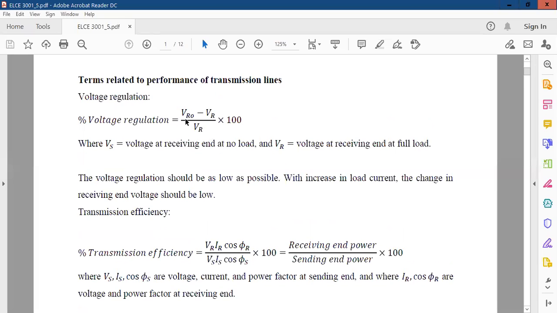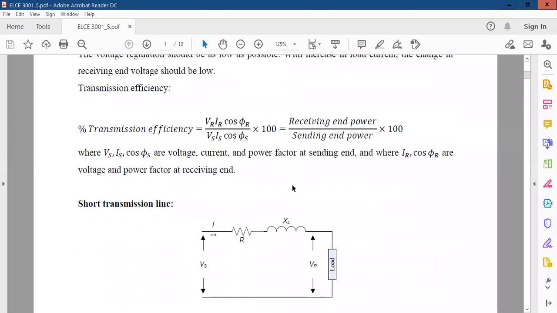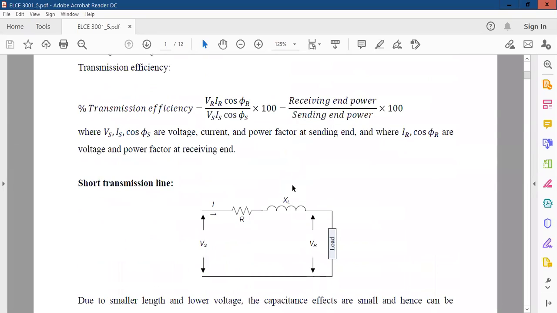Now, these are general terms that we are using with transmission lines. Now, if we have a short transmission line, we said we will have three parameters: resistance, inductance, and capacitance.